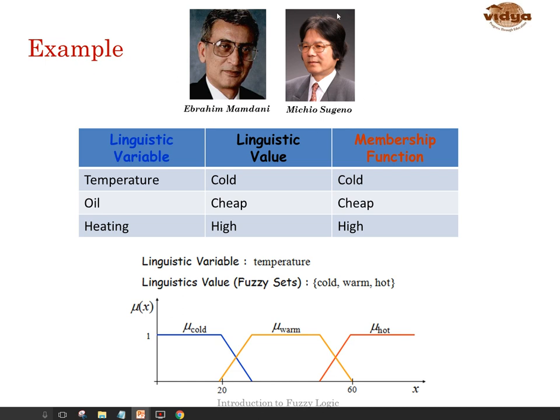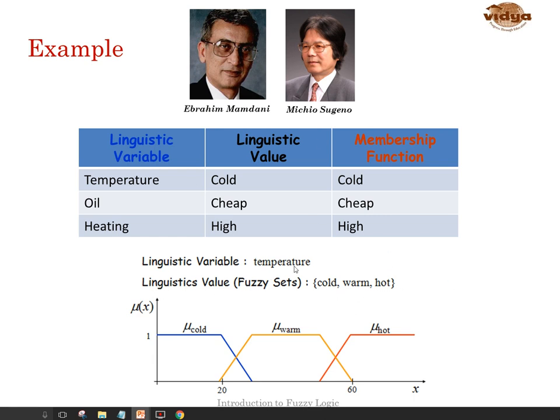These are two great scientists and technocrats who contributed fuzzy logic to the applications area: Ebrahim Mamdani and Michio Sugeno. They used linguistic variables, linguistic values and membership functions to solve applications.